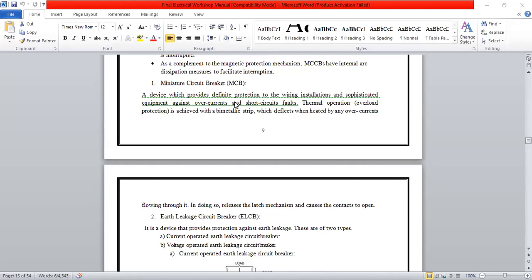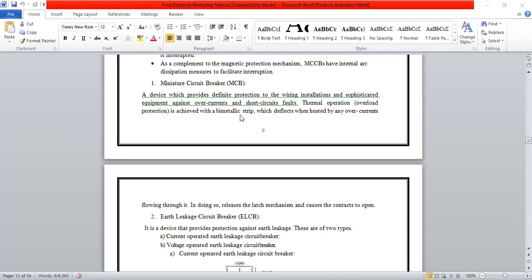This device provides definite protection to the wiring installation, as well as protection against short circuit fault and overcurrent. Now the thermal operation overload protection is achieved with the bimetallic strip.